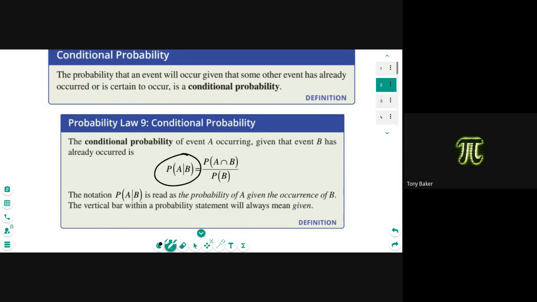That means the probability of event A occurring given that B has already occurred. So it's A given B is basically how it's read. So this over here, that's the intersection of A and B, and then that's the B.